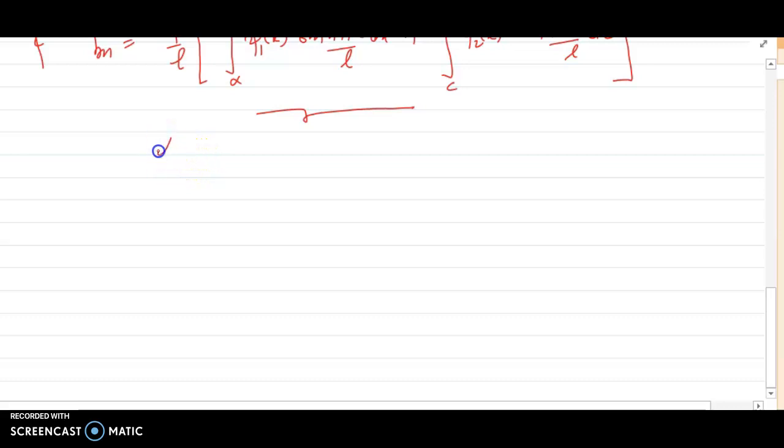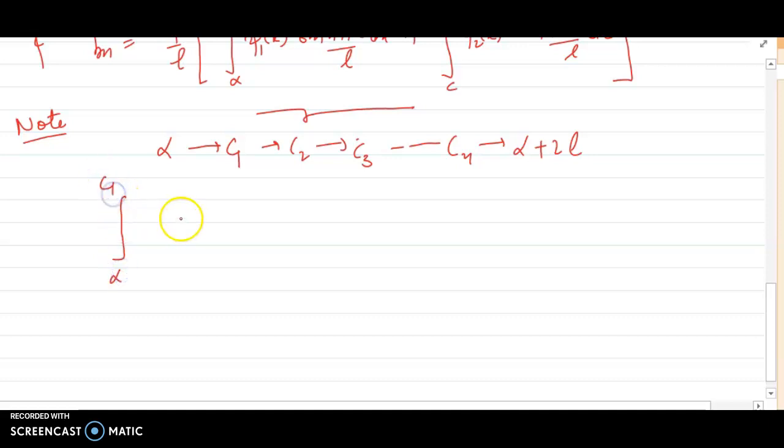If the length of the interval is alpha to alpha plus 2L, and there are n points of discontinuity C1, C2, C3, up to Cn, then we can separate the integral from alpha to C1, then C1 to C2, then C2 to C3, and so on.